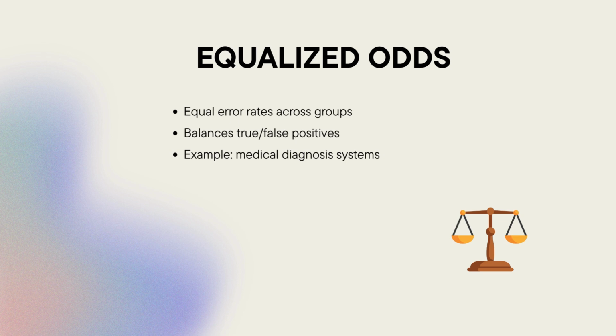This metric emphasizes fairness in accuracy, ensuring no group bears disproportionate risks of mistakes. However, it can be difficult to achieve alongside demographic parity since equalizing errors may shift overall outcomes. Equalized odds reminds us that fairness often involves balancing competing definitions.